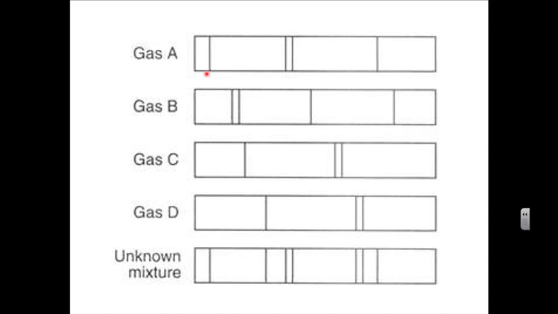Okay. So we can actually put this on a test question where you have a bunch of spectrums right here and you have different gases, and you could compare them to an unknown mixture. So what does this mixture have? So it's got some of gas A, right? Well, this one, it's got some of gas D. Oh, sorry, it's got some of gas A again.